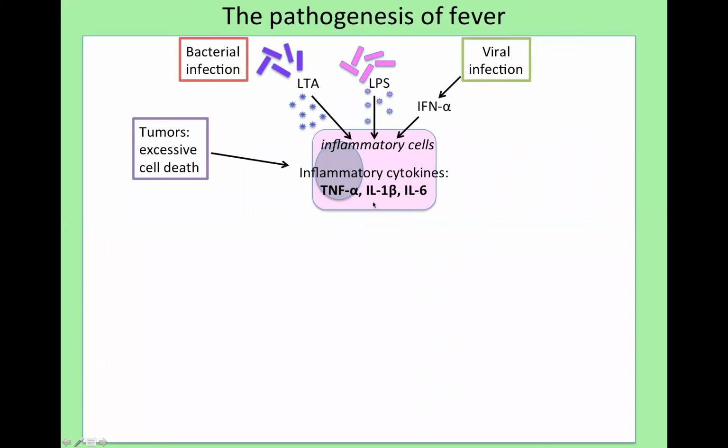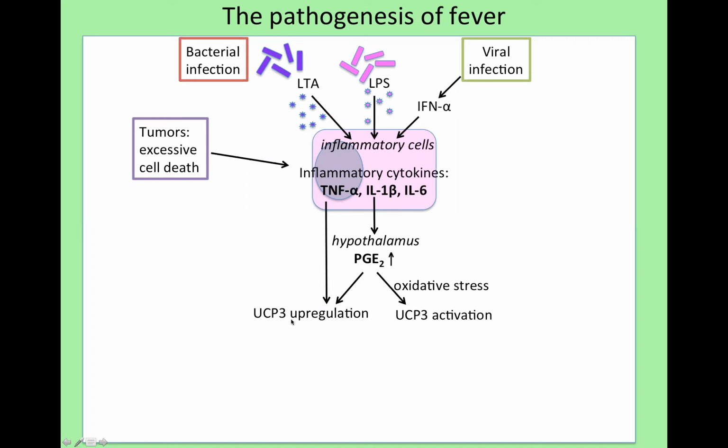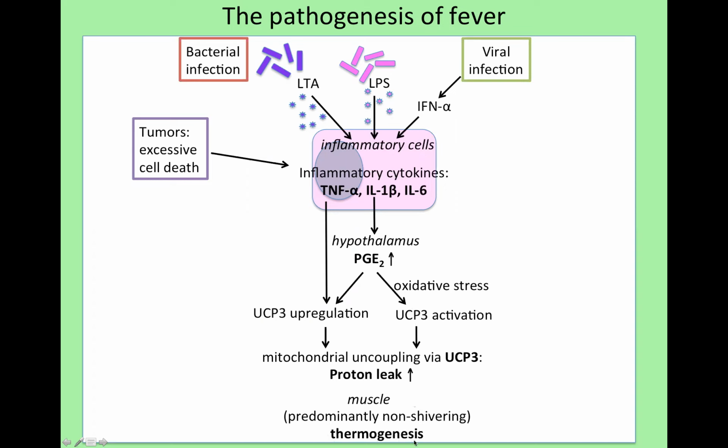So it means that the cytokines released into the circulation will induce prostaglandin E2 production. That one will also upregulate UCP3, but will induce an oxidative stress and UCP3 activation, and this one will activate the mitochondrial proton leak via UCP3 and will result in heat production.